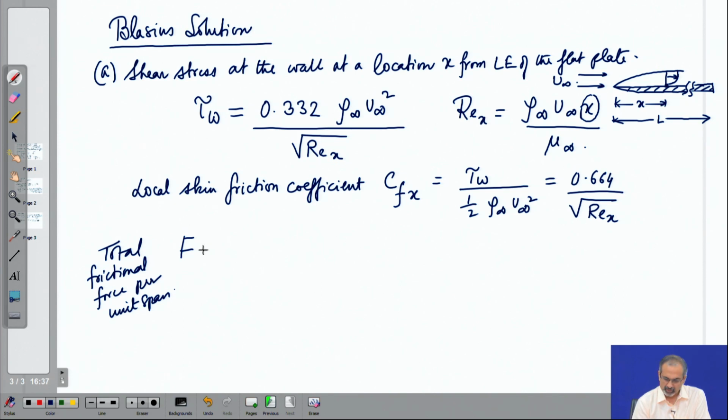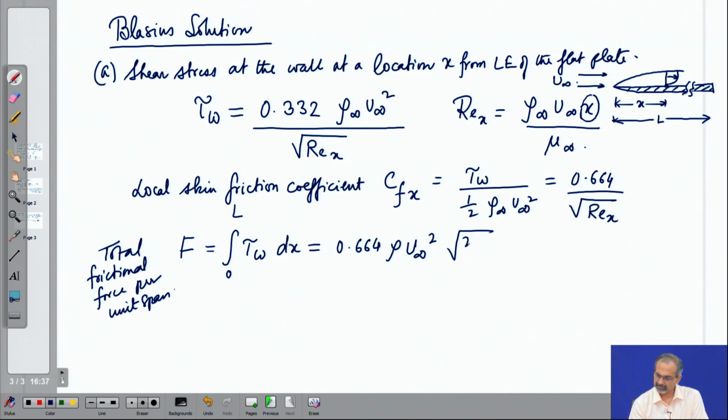If you consider unit length, then you basically integrate the expression for tau w over the entire length of the plate. And what does it work out to be? If you integrate, you will find that it comes out to be this expression.